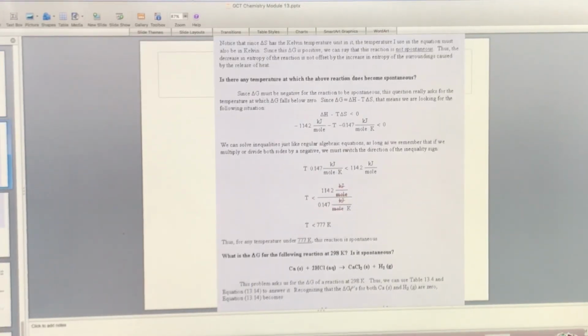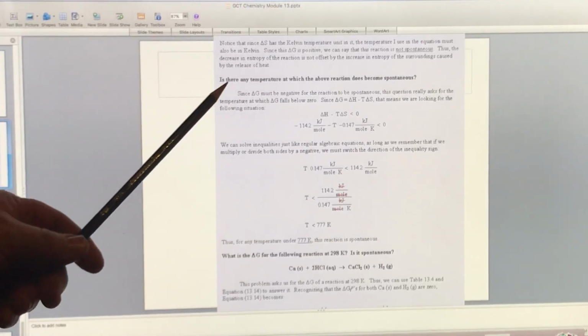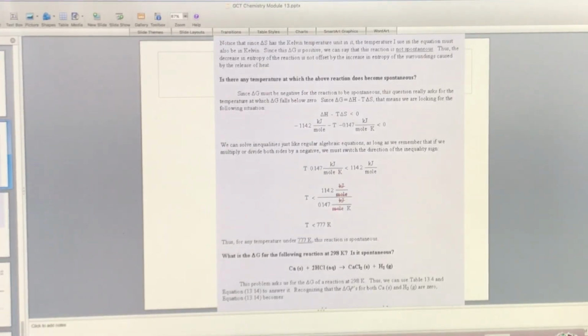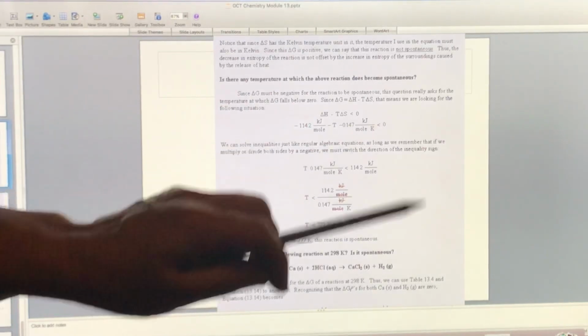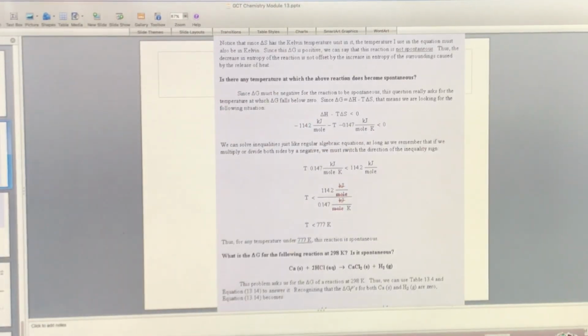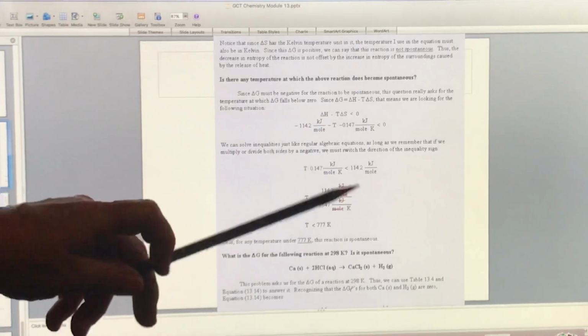All right, let's look at the second in this set of examples. It says, is there any temperature at which the above reaction does become spontaneous? So at this point, we actually change it from being an equal sign, where the delta G is equal, to working with an inequality, a less than.